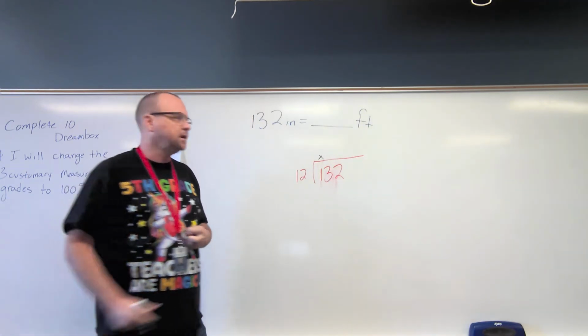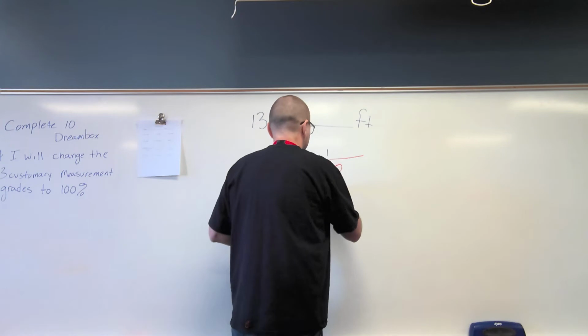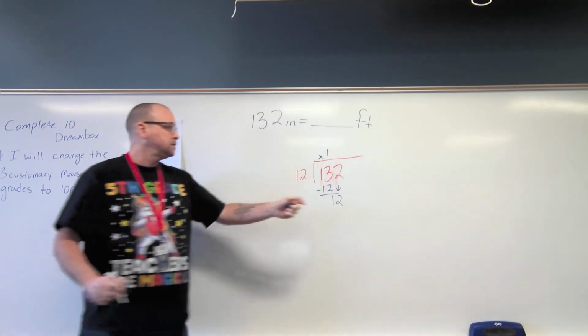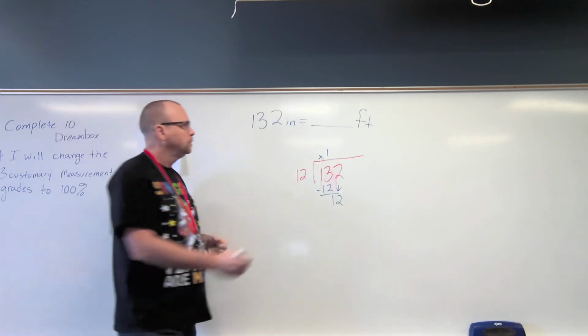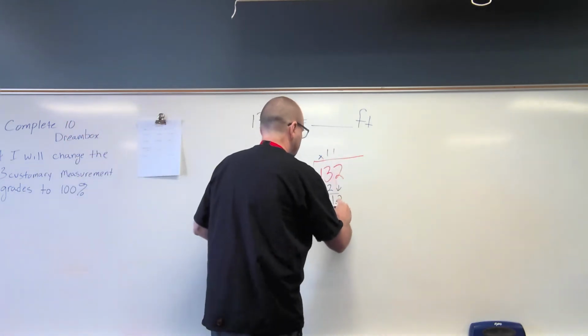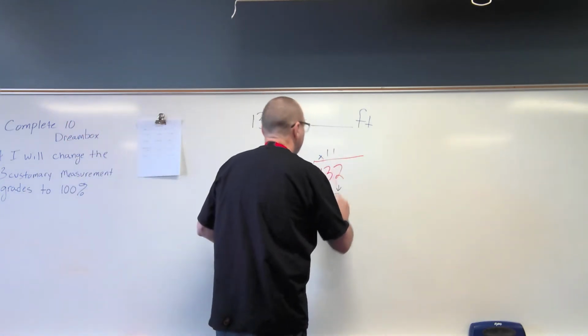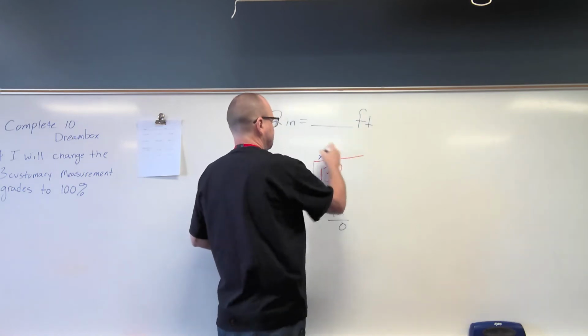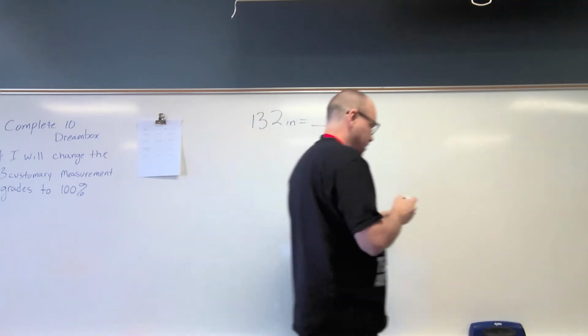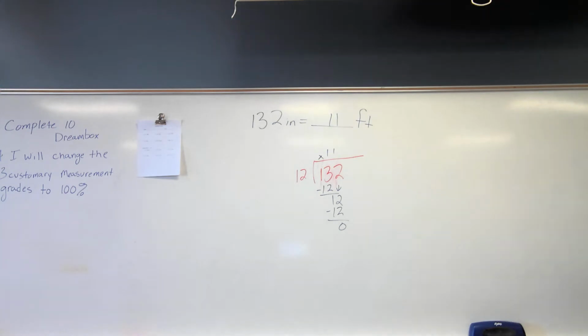Silas, how many times? 1 time. Subtract. Silas, how many times does 12 go into 12? 1. Thank you, Silas. And so we get 11 feet. So 132 inches equals 11 feet.